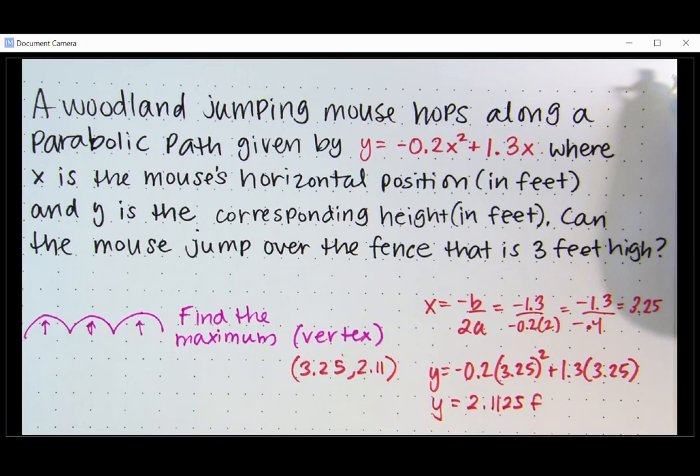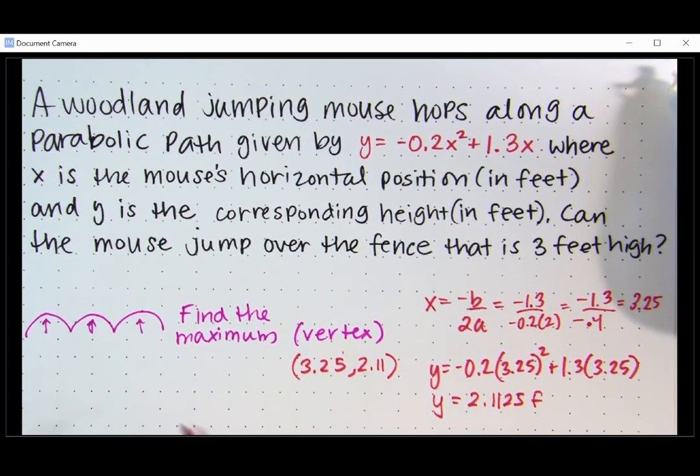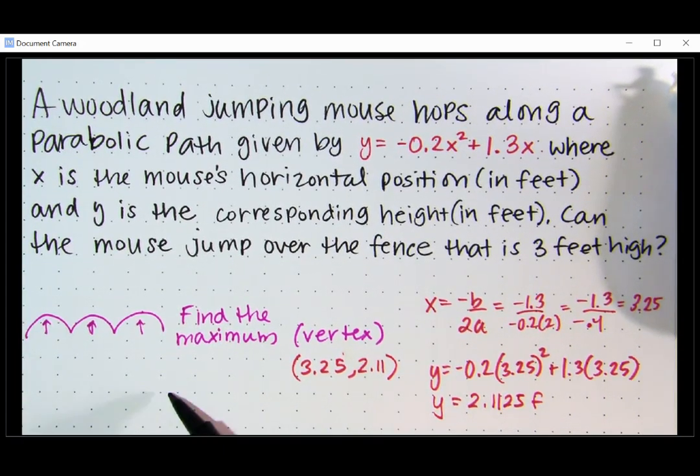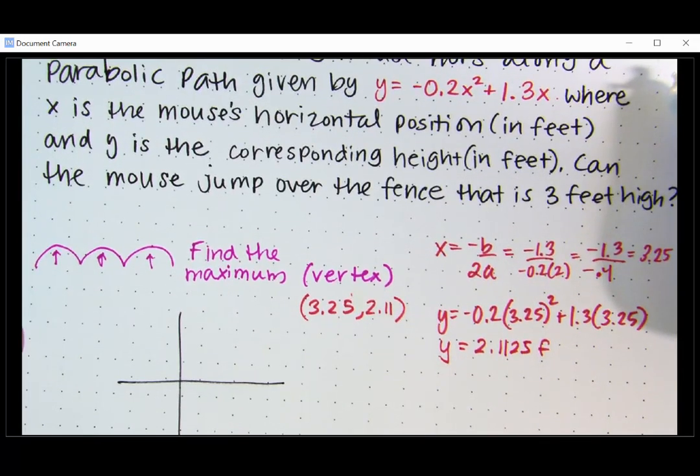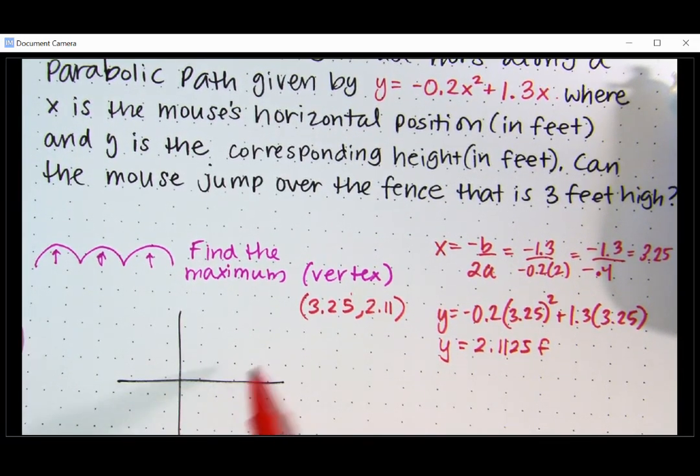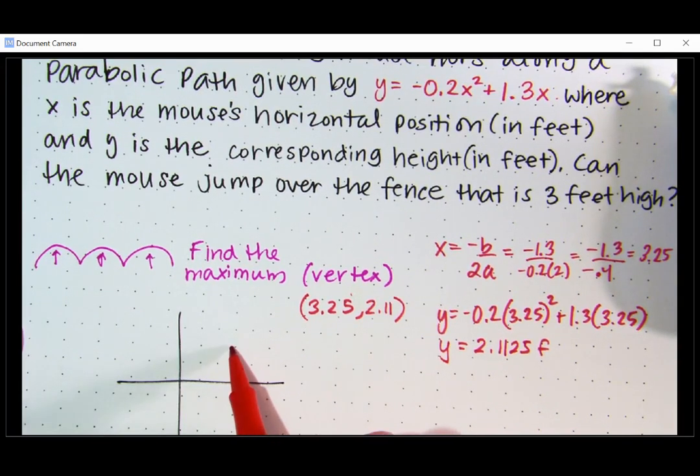So what this is telling me is that if I graphed this as a parabola, I'd be over 3.25 and up 2.11, right?